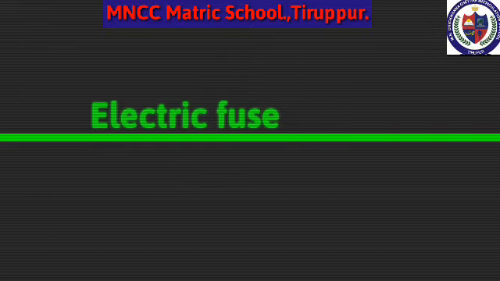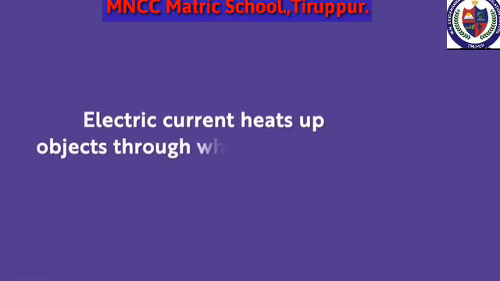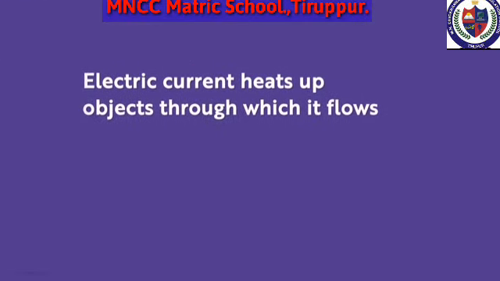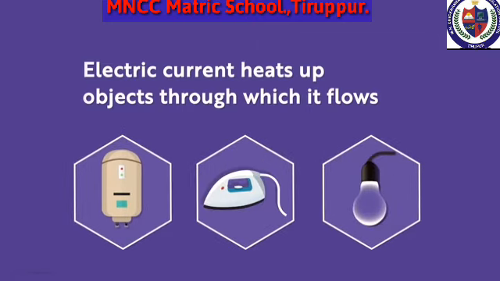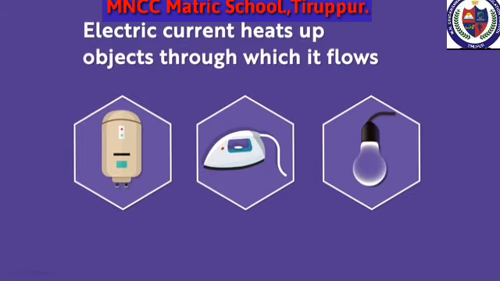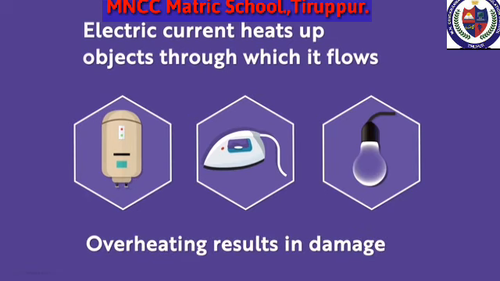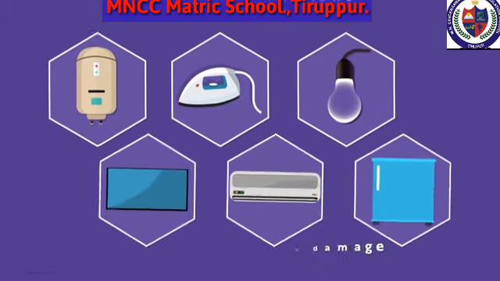Next we move to the electric fuse. When electric current heats up objects through which it flows, electric water heaters, light bulbs and electric irons are a few of the electrical appliances that make use of this fact. However, it has a drawback too. For instance, if these appliances are overheated, then they will get damaged or even catch fire.